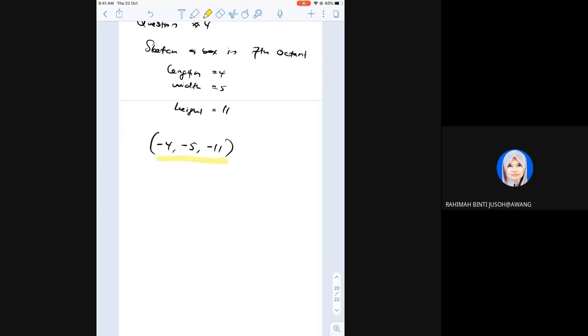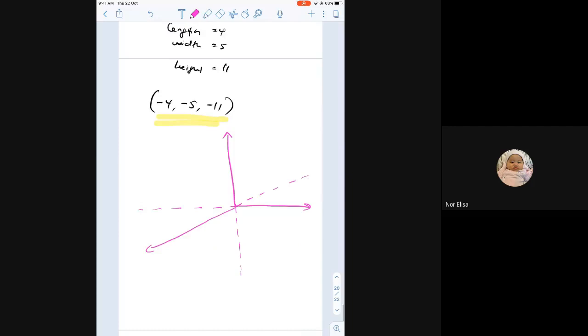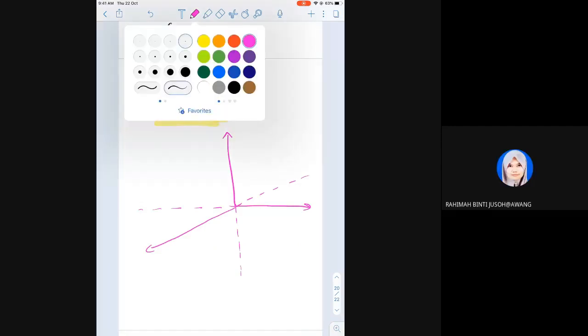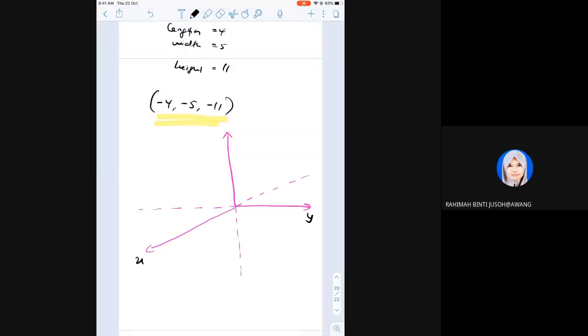Yes, so kita kena cari dulu titik ni. Kena cari dulu koordinat ni, position of this coordinate. This is the reference point kita dalam 7 octant. Okay, so jom kita start. Buat dulu ni. Okay, at the back. So you all pakai pembaris.